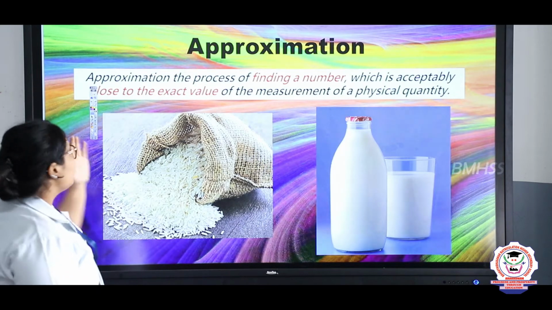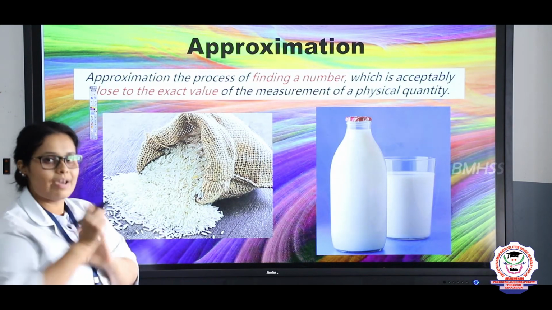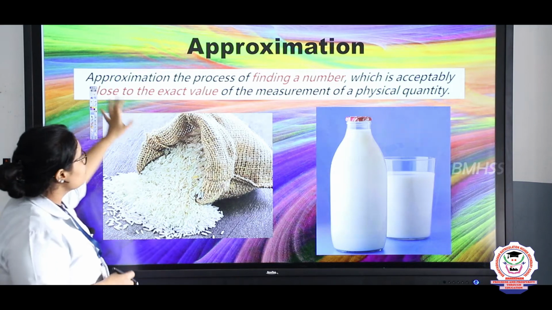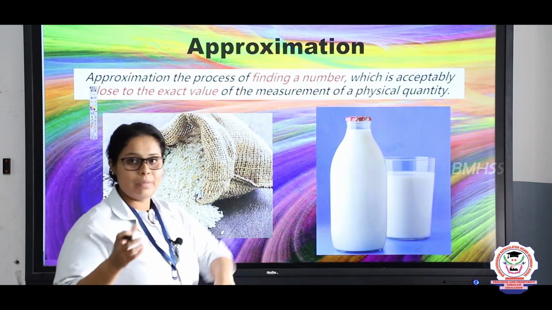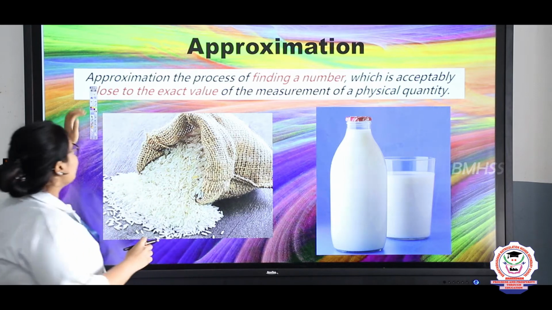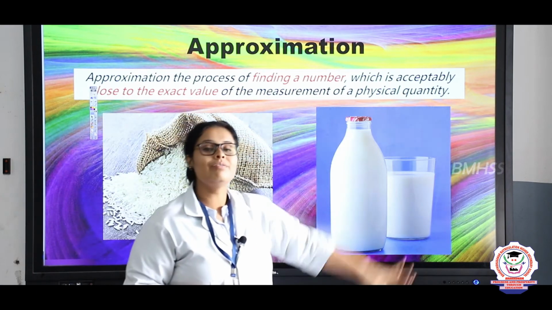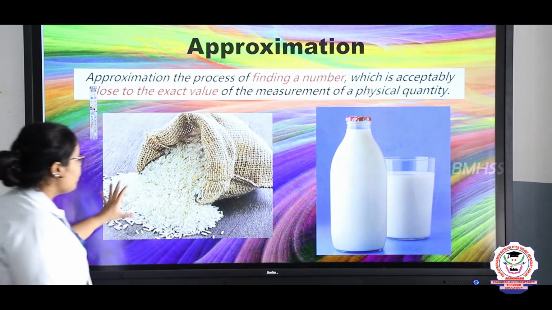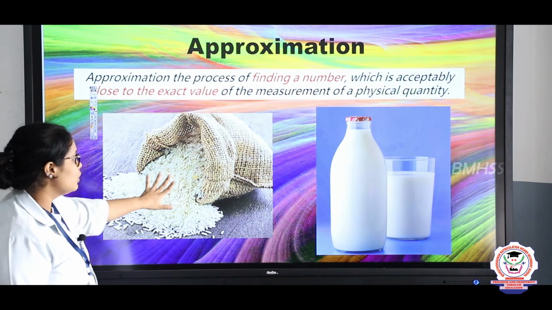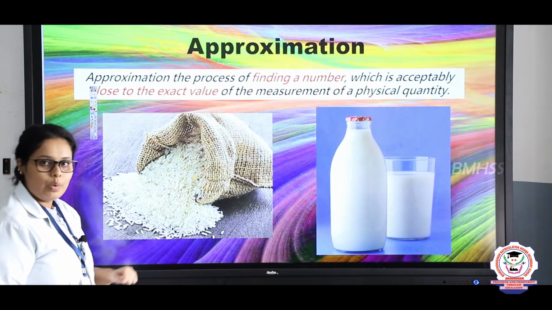Approximation. So what is approximation? We will see the first definition, okay children. Approximation is the process of finding a number which is acceptably close to the exact value of the measurement of a physical quantity. Suppose, can you tell me how much amount of rice is there in this? No, right.